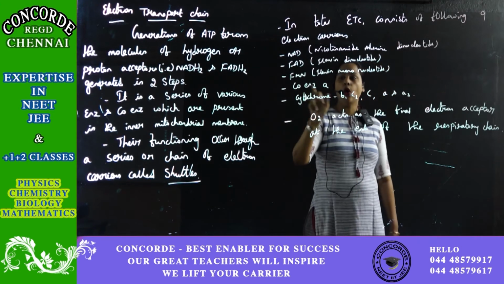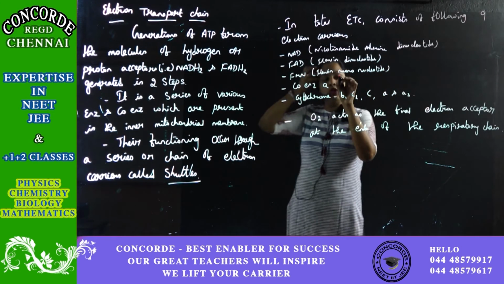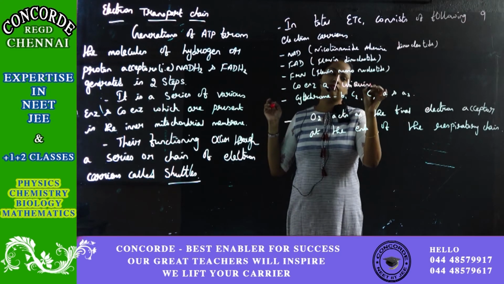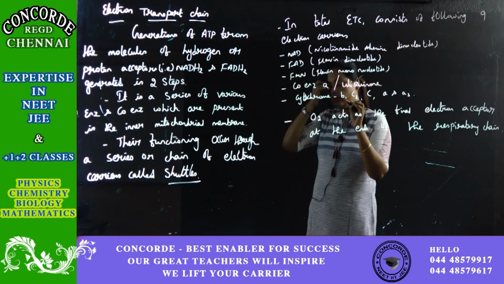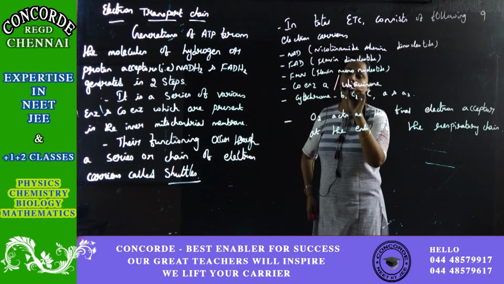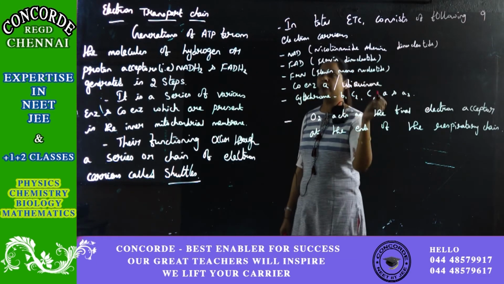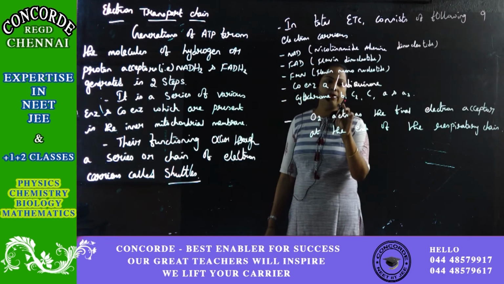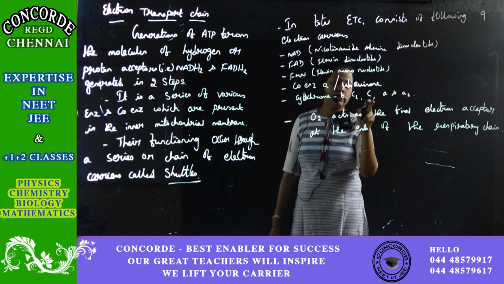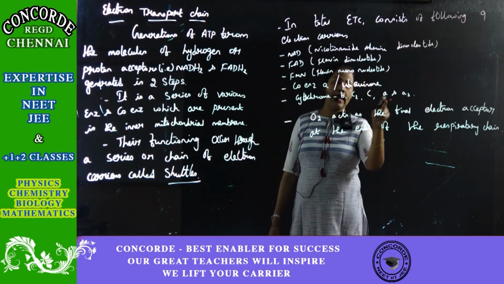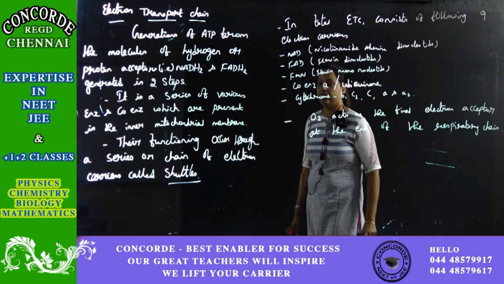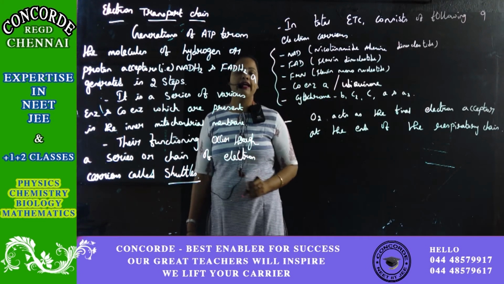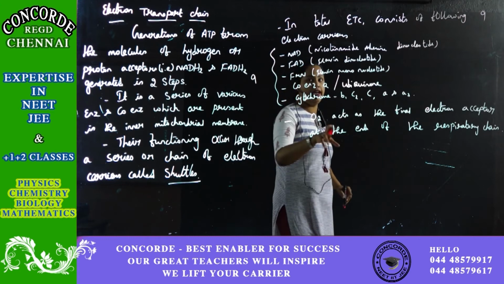Next is coenzyme Q, or you can also say ubiquinone. Apart from these four electron carriers, the fifth one is cytochrome B, cytochrome C2, cytochrome C, cytochrome A, and cytochrome A3. So all together we have nine electron carriers.